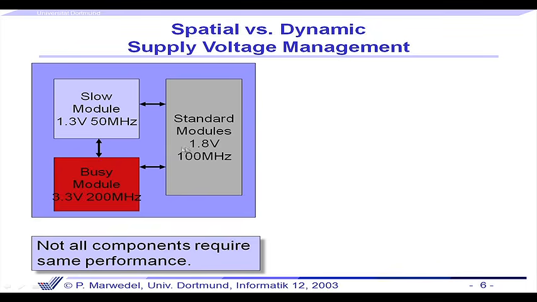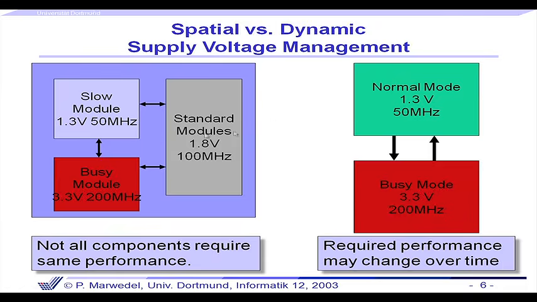There can also be 3 levels, or 2 modes, a busy mode and a normal mode. Depending on the performance, if the performance is reduced, this module I do not need any longer.